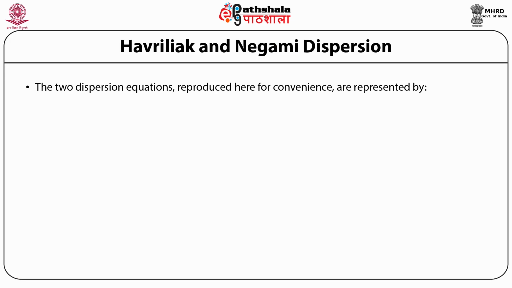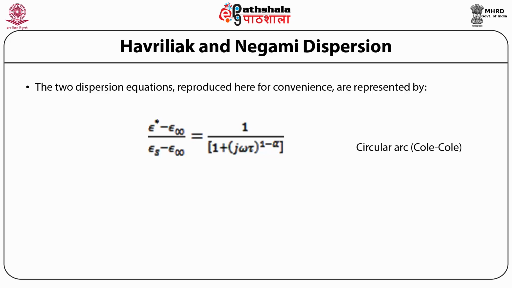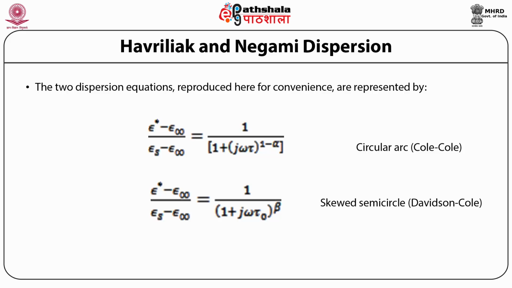The two dispersion equations, reproduced here for convenience, are represented by (epsilon star minus epsilon infinity) divided by (epsilon s minus epsilon infinity) equals 1 by (1 plus j omega tau) to the power 1 minus alpha, the circular arc Cole-Cole, and (epsilon star minus epsilon infinity) divided by (epsilon s minus epsilon infinity) equals 1 by (1 plus j omega tau 0) to the power beta, the skewed semicircle, which is Davidson-Cole.